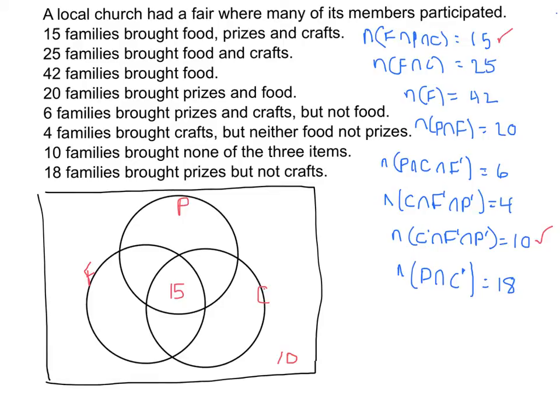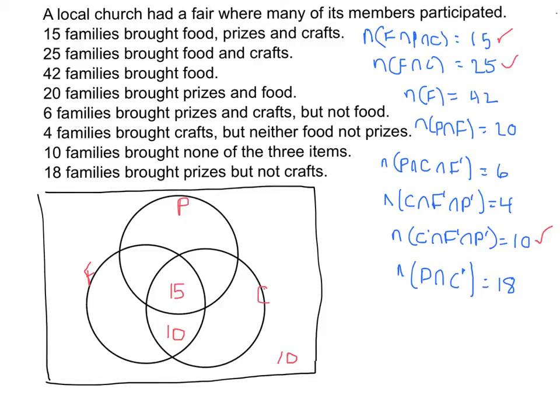We have F intersect C is 25. So as we've said before, if we take a look at F intersect C, that's these 2 regions here together. And if it's supposed to be 25, well, we already have 15, which means this region here is going to be 10, because the 10 plus the 15 makes F intersect C 25. So now we can check that off.